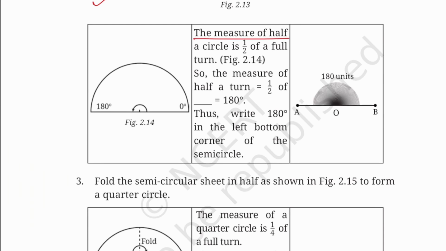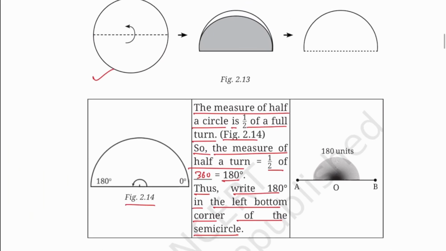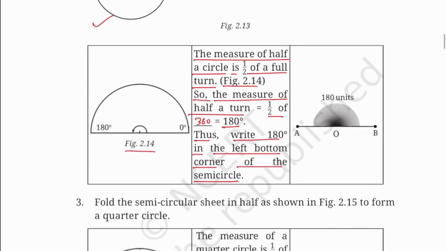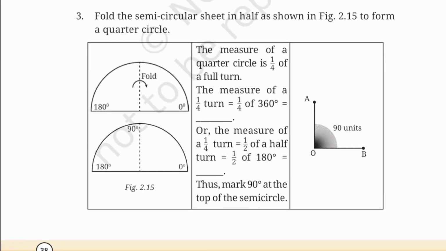The measure of half a circle is half of a full turn, figure 2.14, that is this one. So the measure of half a turn is half of 360, that is equal to 180 degree. Thus, write 180 in the left bottom corner of the semicircle. 3.